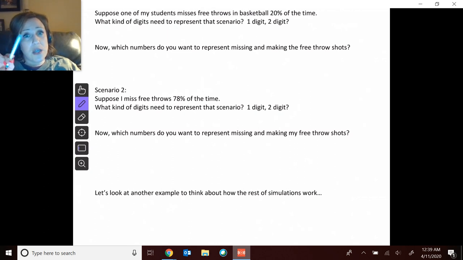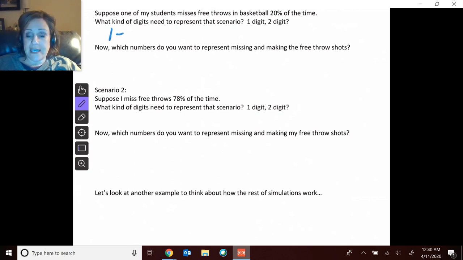Because those are in the tens place, and 10, 20, 30, 40, 50, 60, all the way up to 100% could be represented each by one of the 10 single-digit numbers, then this is a situation where we could use one-digit numbers. You could do two-digit numbers, but it's not necessary.